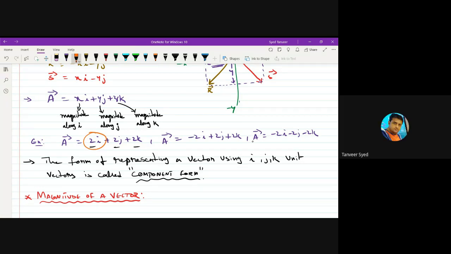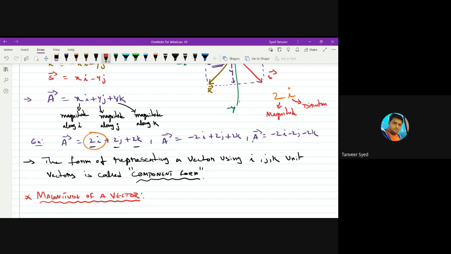See, every vector tells you 2 things. One is magnitude, other is direction. So 2i is also a vector quantity. This vector tells you that 2 is its magnitude and its direction is i.